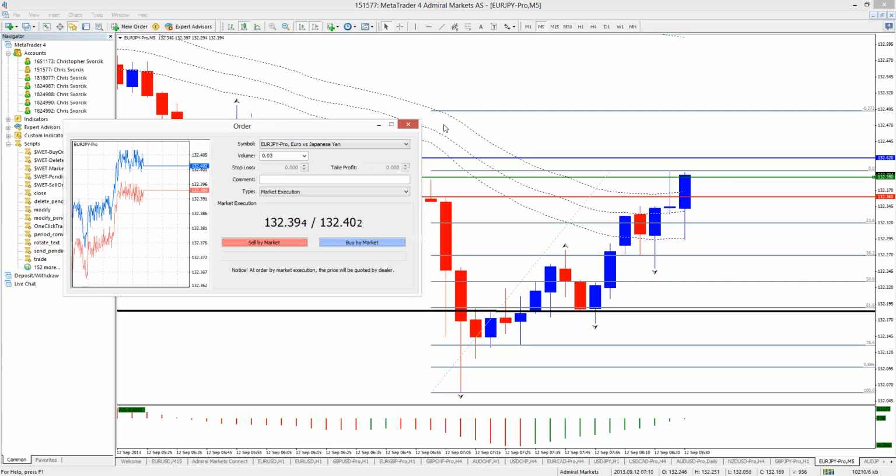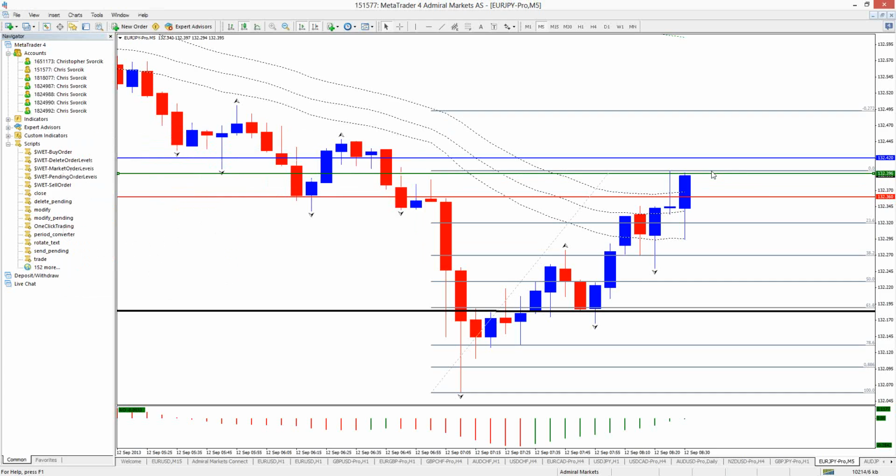The spread on the EJ is only a pip or so, or 1.5. So I can go to 43.